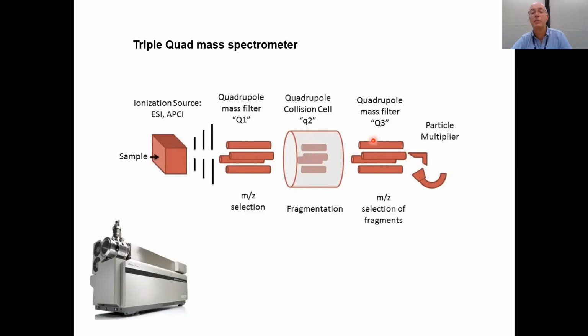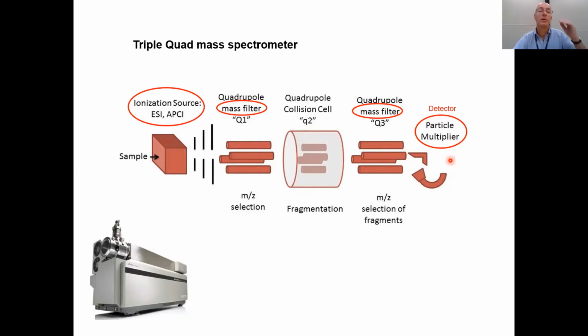And then the third quadrupole allows us to select the mass of the fragment ions. And then finally, those fragment ions will reach the particle multiplier, which is the detector. So again, this is our ion source, these are our mass filters, and this is our detector. So that's a triple quad. Triple quad is used largely for quantitative work in drug metabolism and pharmacokinetics in the pharmaceutical industry.